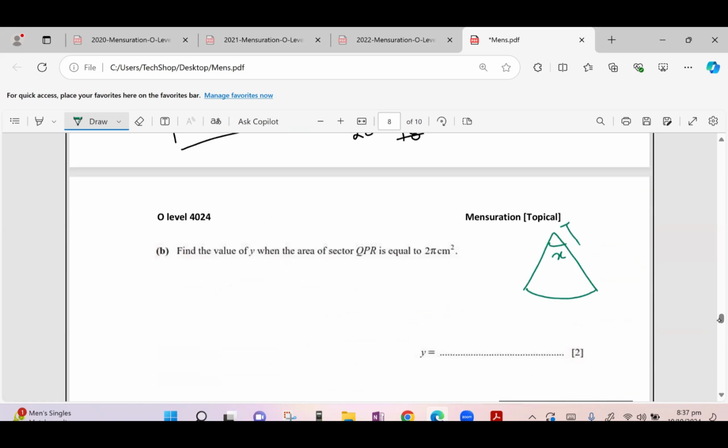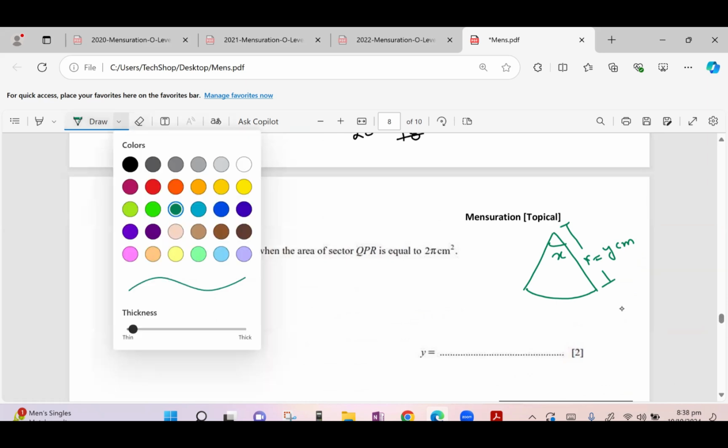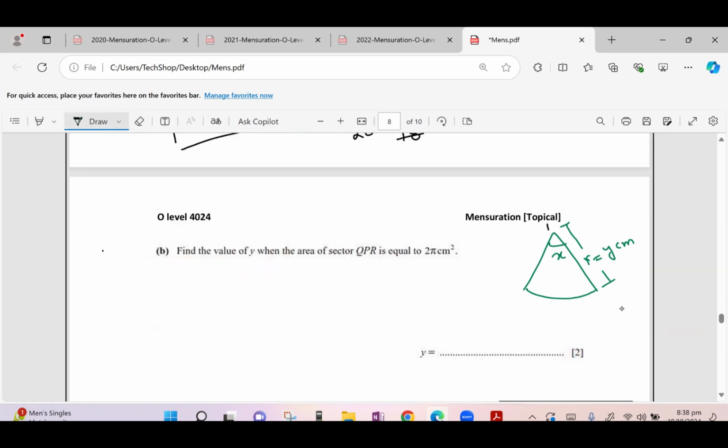This is x. The radius was y centimeters. And P is the upper part basically. P, Q, and R. You have to find the area of the sector, which is equal to 2 pi centimeters squared.